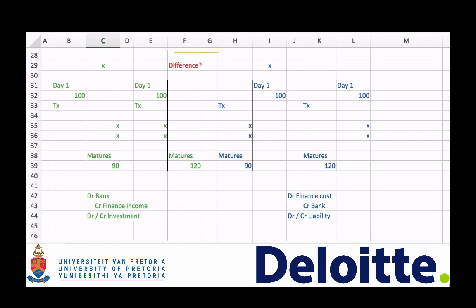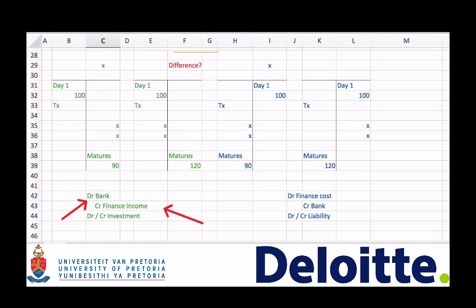So looking now at your journal entry to account for this interest, the debit entry there that we referred to for bank, that's your actual cash flow. That's the nominal value of your debenture, perhaps R100 debenture at 10%, so that'll be R10. The finance income part that goes to profit and loss, that will be based on the balance in your T account, that present value adjusted for transaction costs times by the effective interest rate.